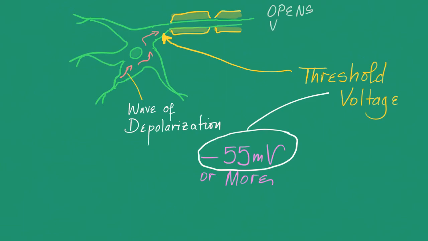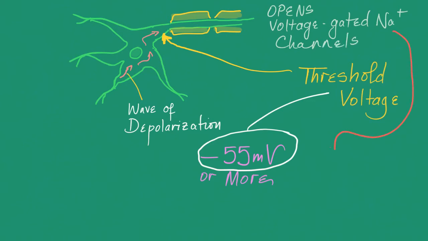because when this voltage is reached, another set of channels called voltage gated sodium channels sense the change in voltage and automatically open. And the sodium that's outside rushes in, and that starts the action potential. So the action potential is triggered by the opening of voltage gated sodium channels.